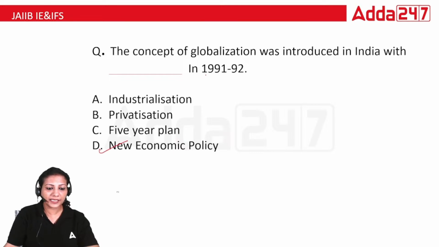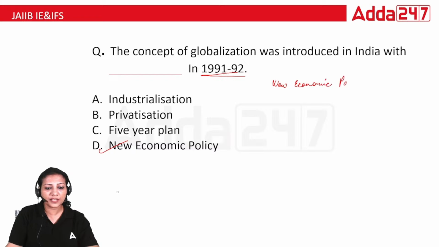In 1991, new economic policy came because India was facing a lot of problems related to balance of payment, and that is why India had taken loan from institutions like World Bank and IMF, and World Bank and IMF told India to change the system, and that is why new economic policy came in 1991-92.